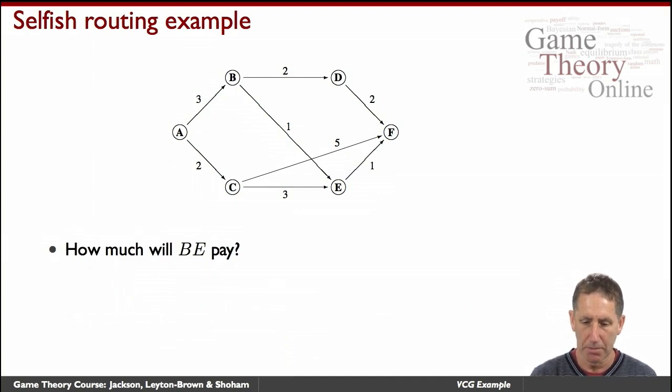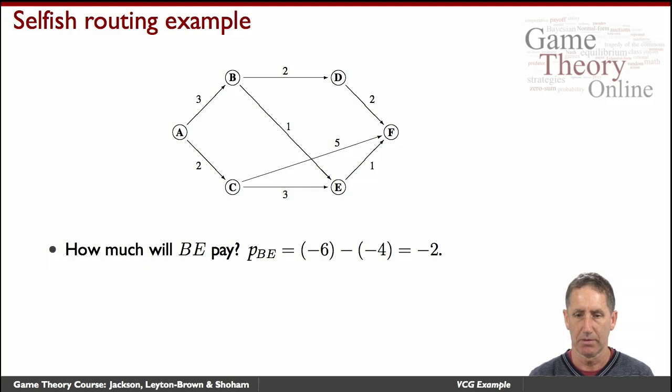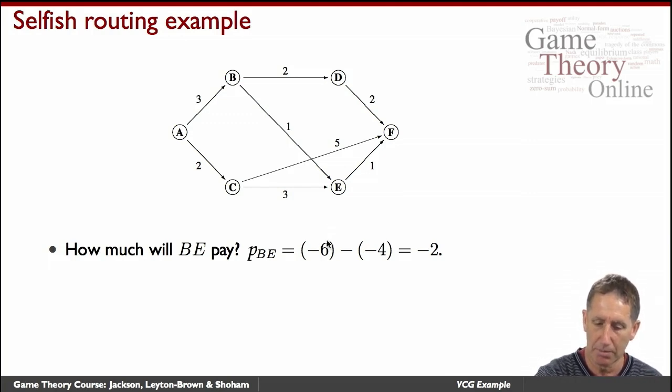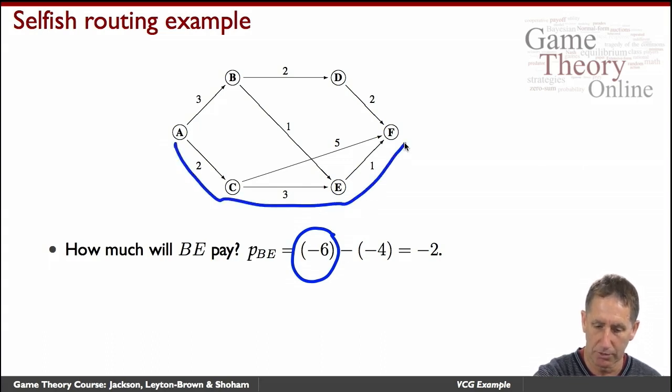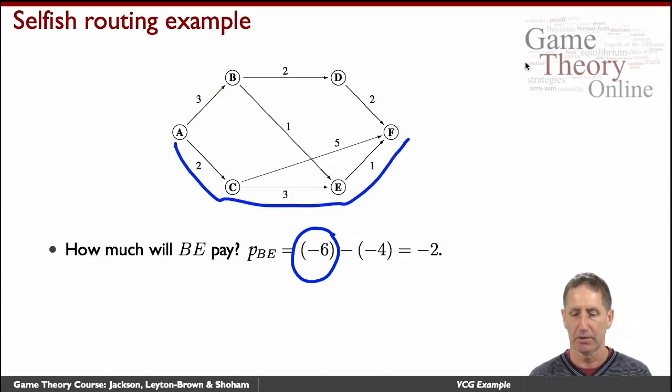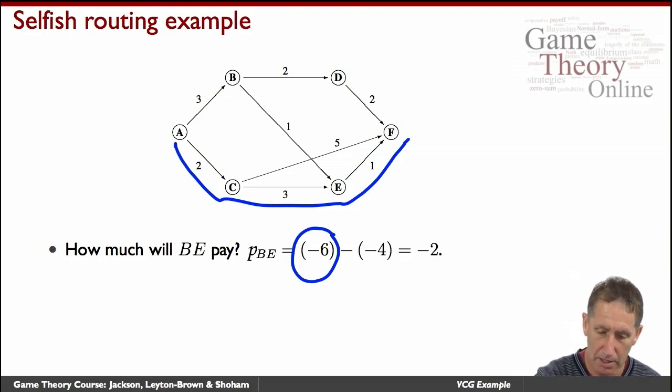What about BE, for example? Well, it's the same sort of analysis. For BE, the cost to all other agents without BE in the picture is minus 6. This would have been the shorter route had BE not been in the picture, and the cost would be minus 6. Now, the cost to the agents other than BE with BE in the picture is 4.